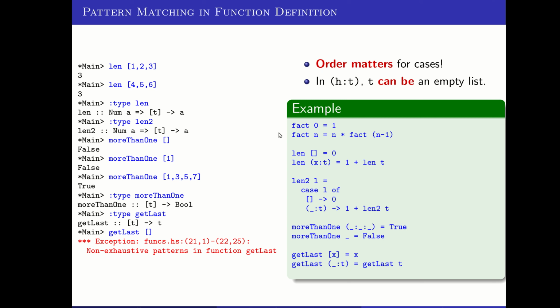We just give 1. Otherwise, for any general n, then we return n times factorial of n minus 1. What this implies is that any function you've written so far actually uses pattern matching. It just uses the most general pattern of when the parameter is any value.